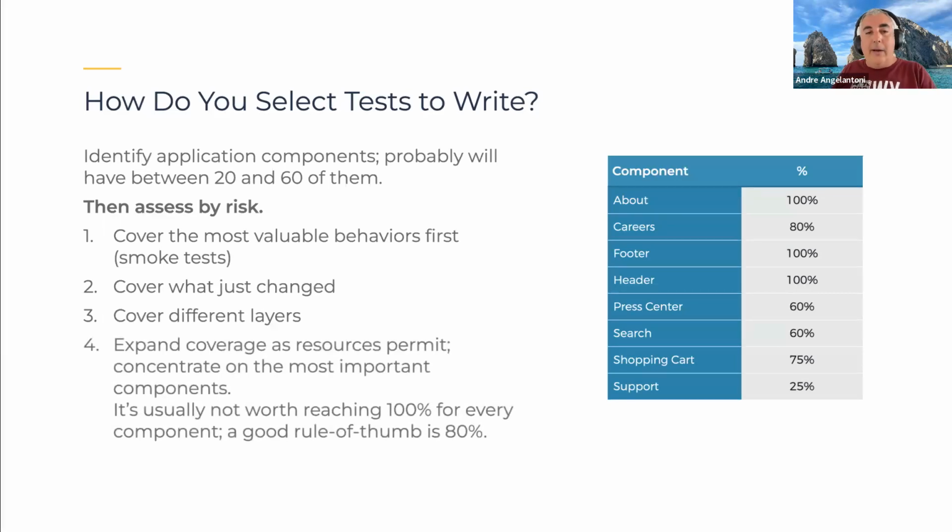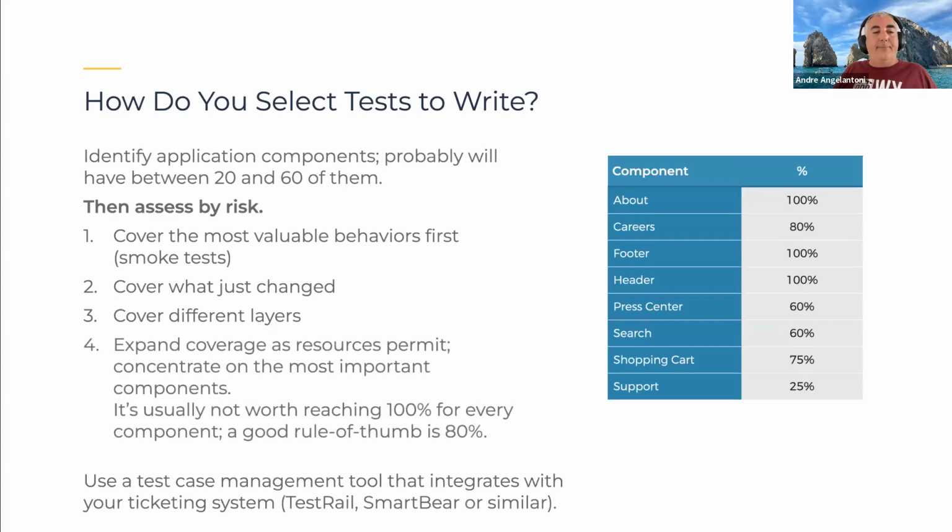So even though the about page over there has 100%, it's because it's a very simple page, but you may not get to 100% on some of the other components. 80% is usually good. Maybe a shopping cart should be at 100% though. And then definitely use a test case management tool that integrates with your ticketing system, TestRail, SmartBear, or similar.